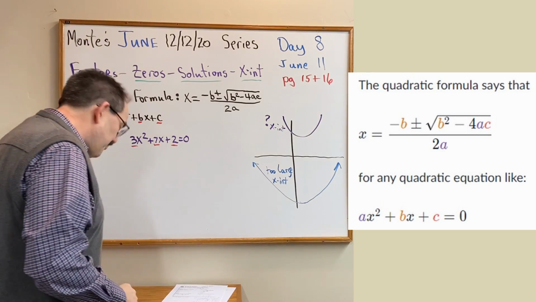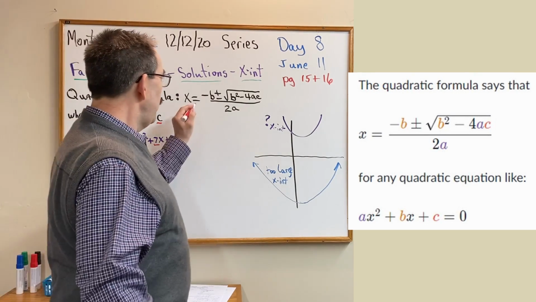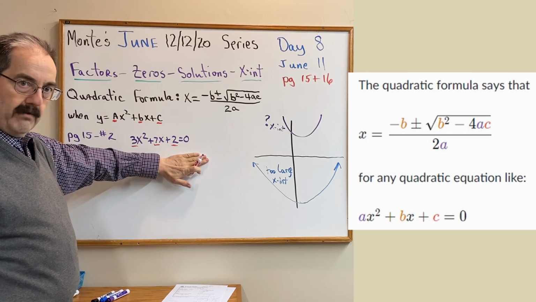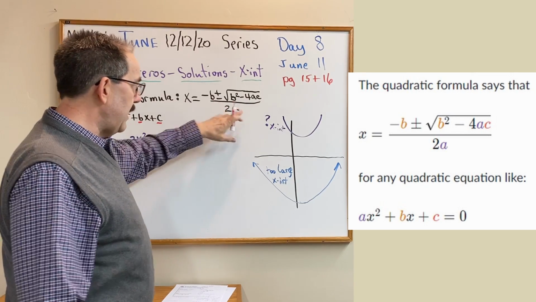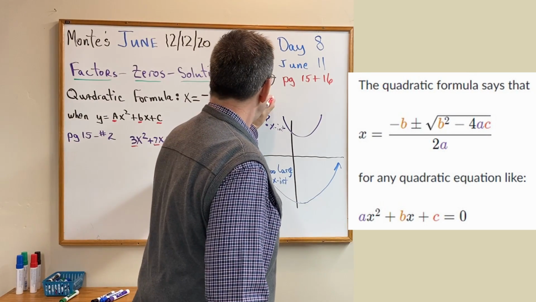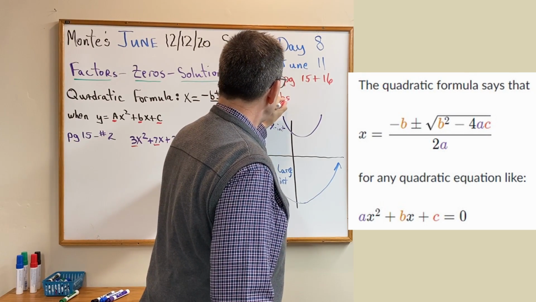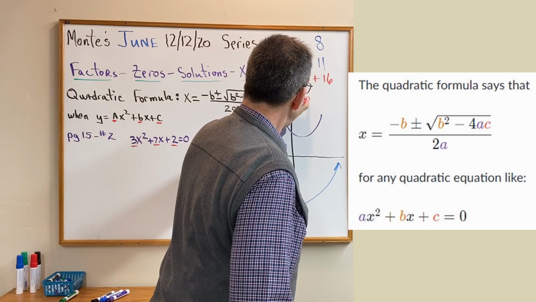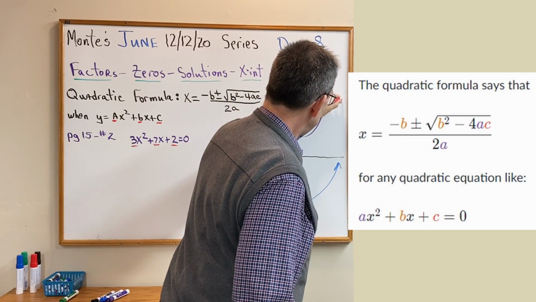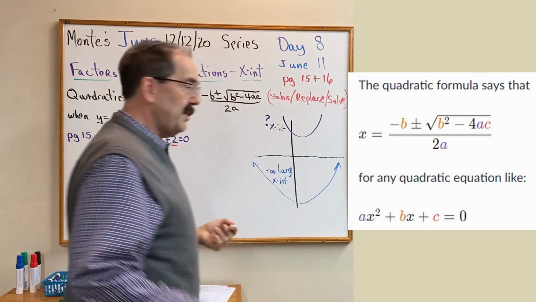As a matter of fact, we should write that out. We are just going to take any equation in standard form. We're going to locate our ABCs. We're just going to plug it in. We're going to substitute, replace, solve. Okay, that's all we're going to do.